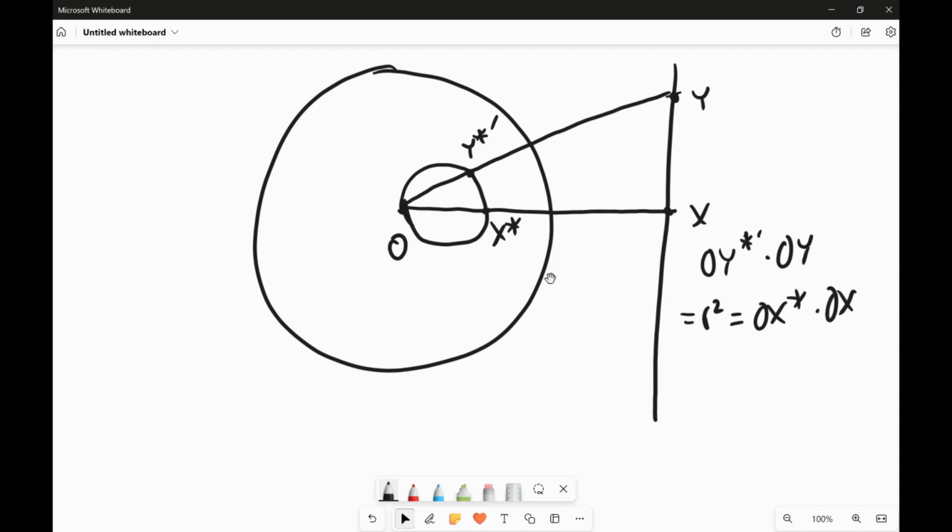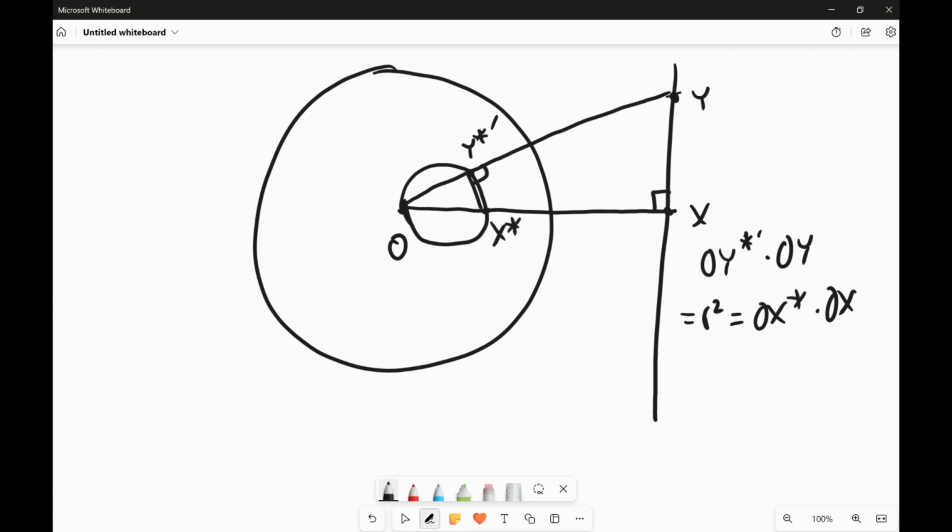And in order to show this, it's actually equivalent to X star X Y Y star prime being cyclic. But since OX star is a diameter, because we're claiming that this desired circle is a circle with diameter OX star, that means that angle OY star prime X is 90 degrees.